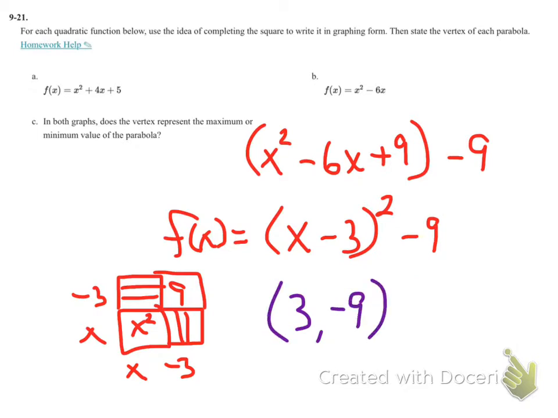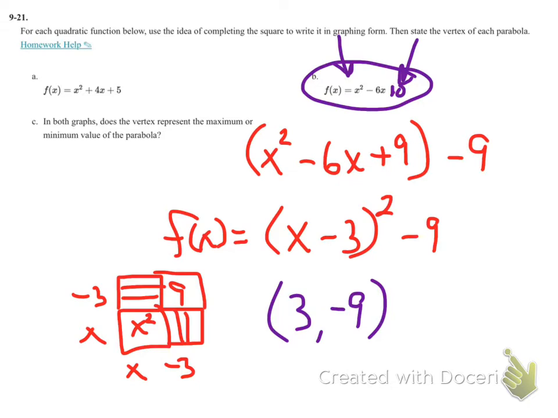So (3, negative 9) is the vertex. If I think of this problem here, it is opening up because that is a positive x squared. My y-intercept is 0 because it's plus 0.